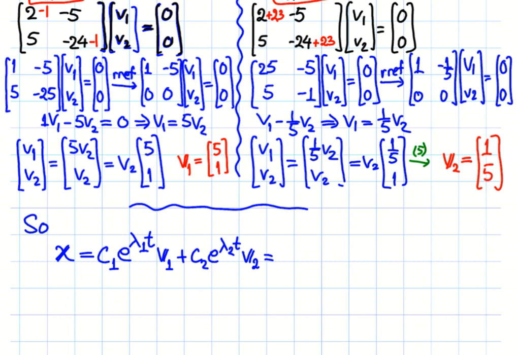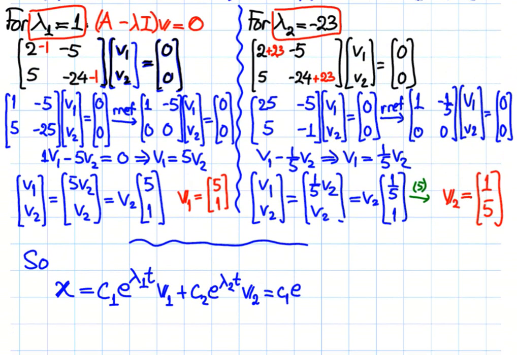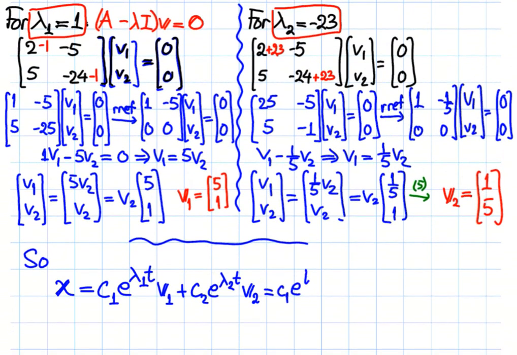Which is C1 e to the lambda 1, which is 1, times the vector V1, 5 and 1, plus C2 e to the negative 23t, and then the eigenvector is 1 and 5.